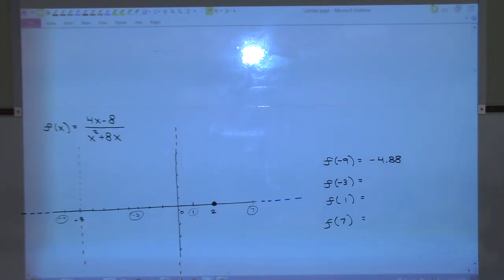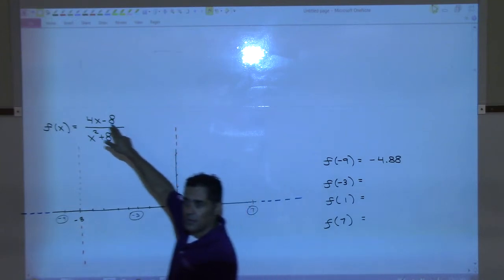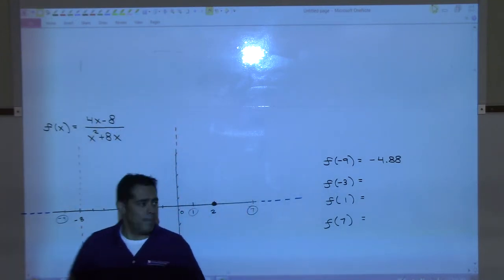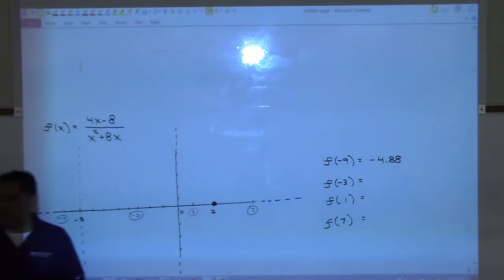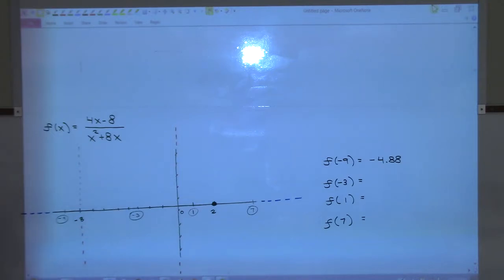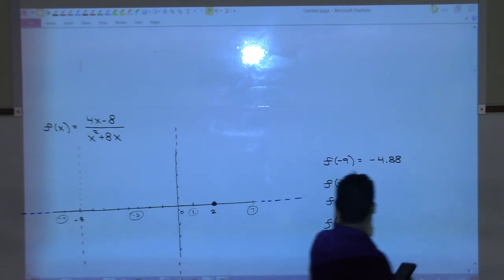Okay, so you need to be able to plug these values in for x on your calculator. I'm just going to put what the answers are at this point, and you need to make sure on your own that you can get those, all right? And if you can't, just talk to me. I can help you, but just not right now.